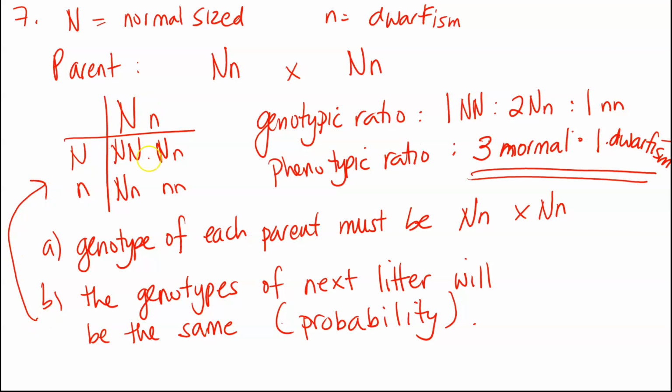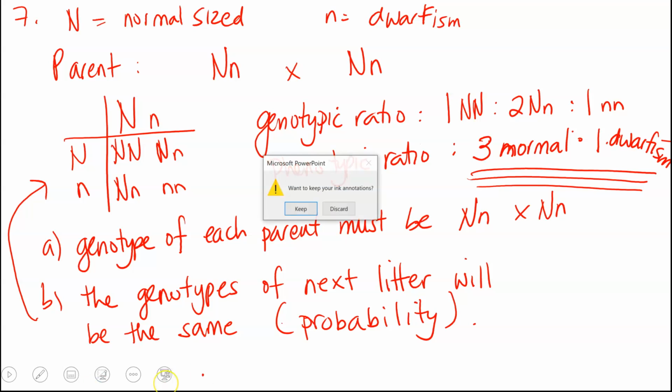If the same parents, same genotypes, they're going to get the exact same ratios here. Okay, so the genotypes of the next generation will be the same. All right, and let's go on to the next one.